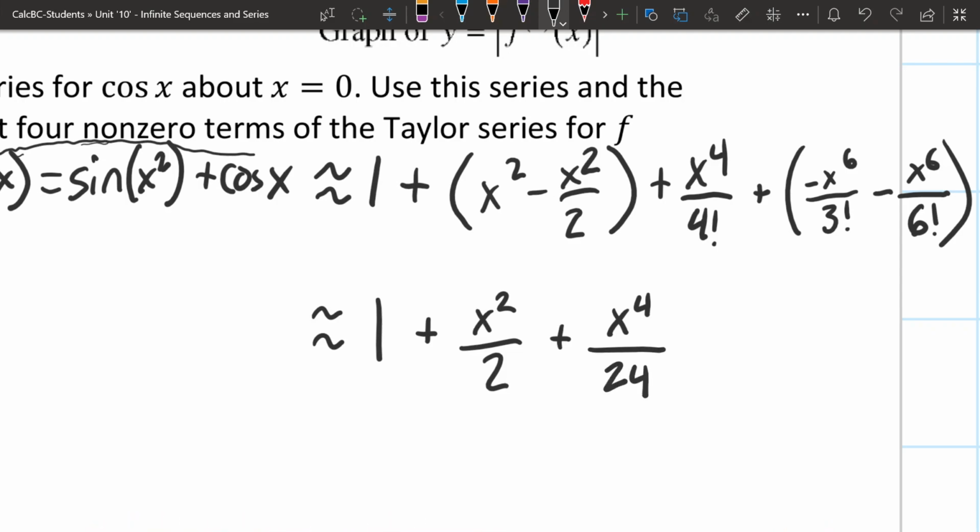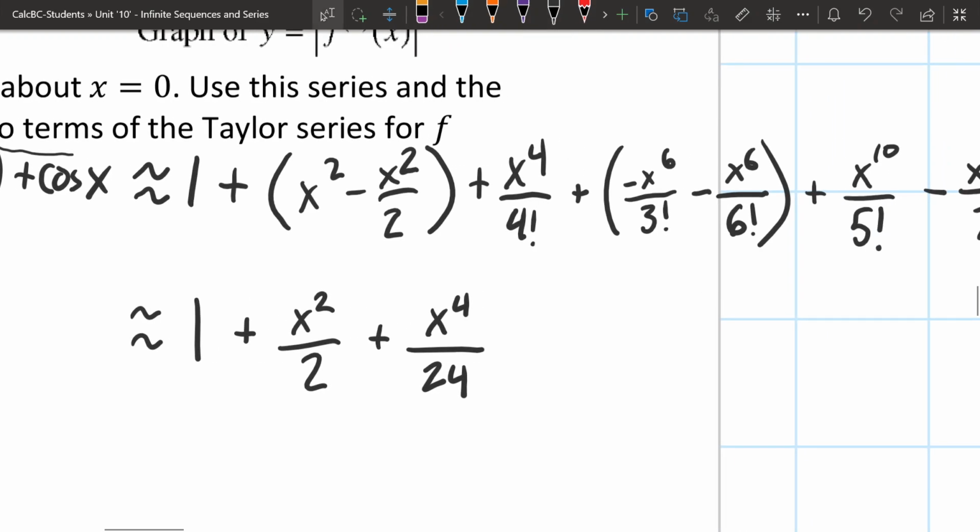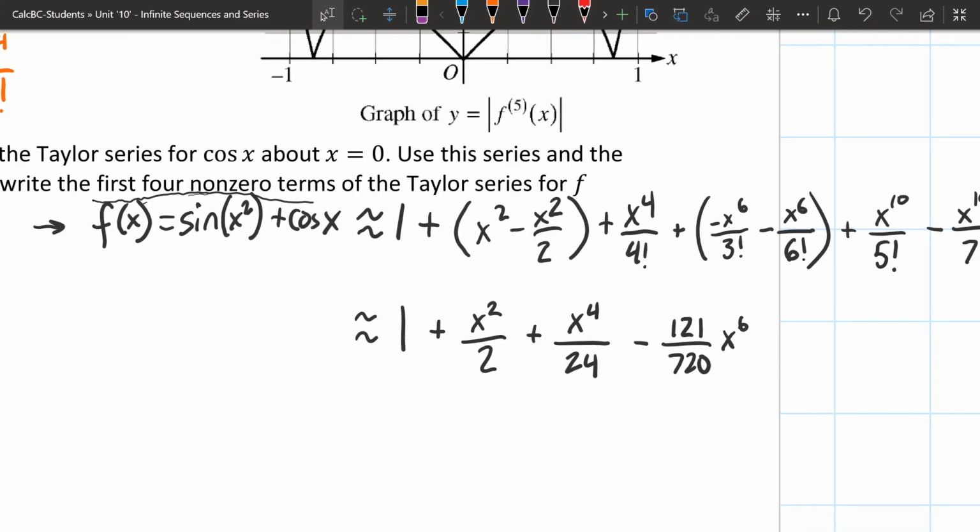All right, so that's 3 terms already. So we really just need 1 more. We simplify that x to the 6th. We're going to get 121 over 720 times x to the 6th. Okay, you can do that fraction simplification on your own. So that is our approximation for our function, first 4 terms of that there.